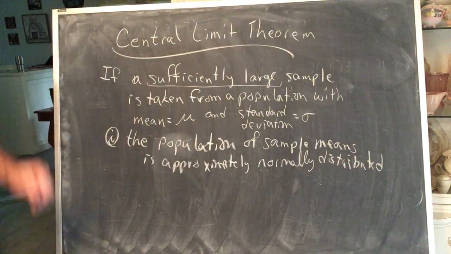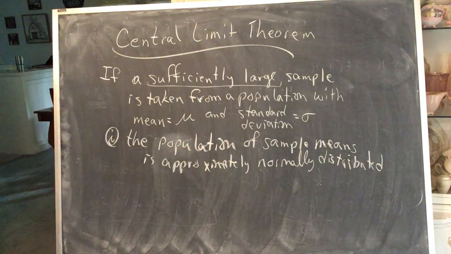That says the population of sample means is approximately normally distributed.